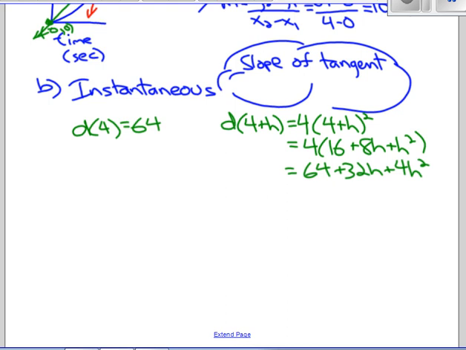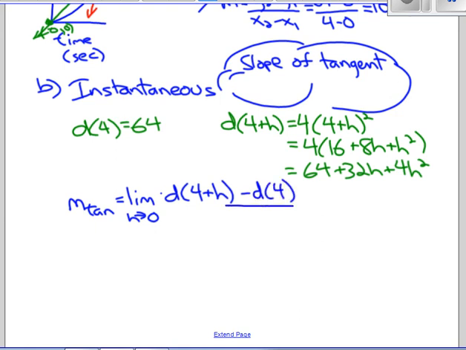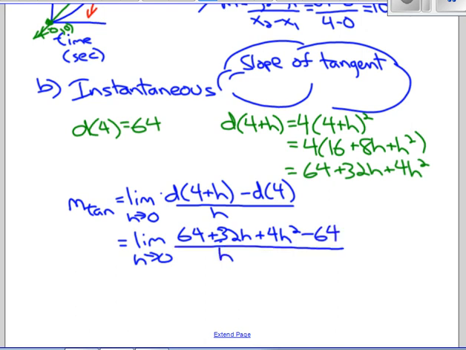All right, let's just find the slope of that tangent then. So it'll be d at 4 plus h minus d at 4 all over h. Working it through, that's 64 plus 32h plus 4h squared minus 64 all over h. Okay, 64s are going to be gone.